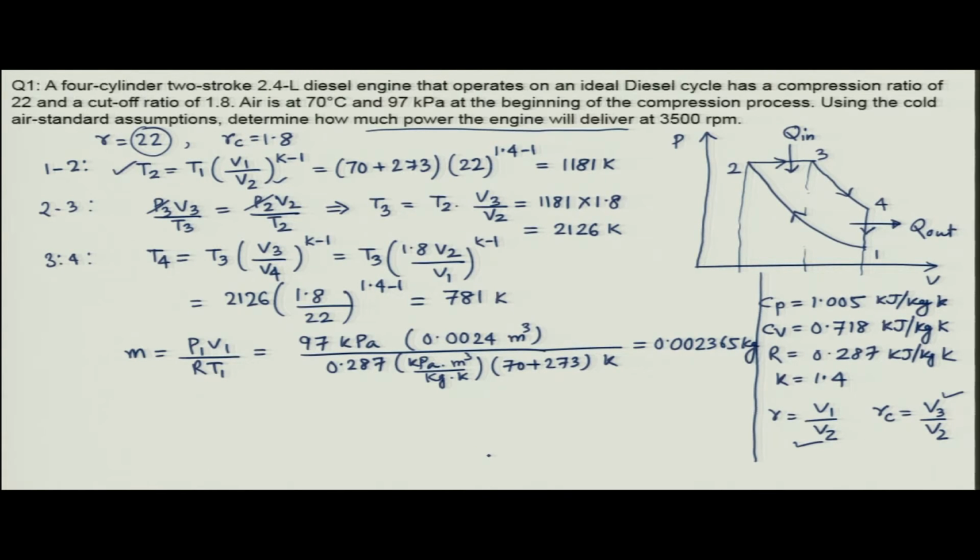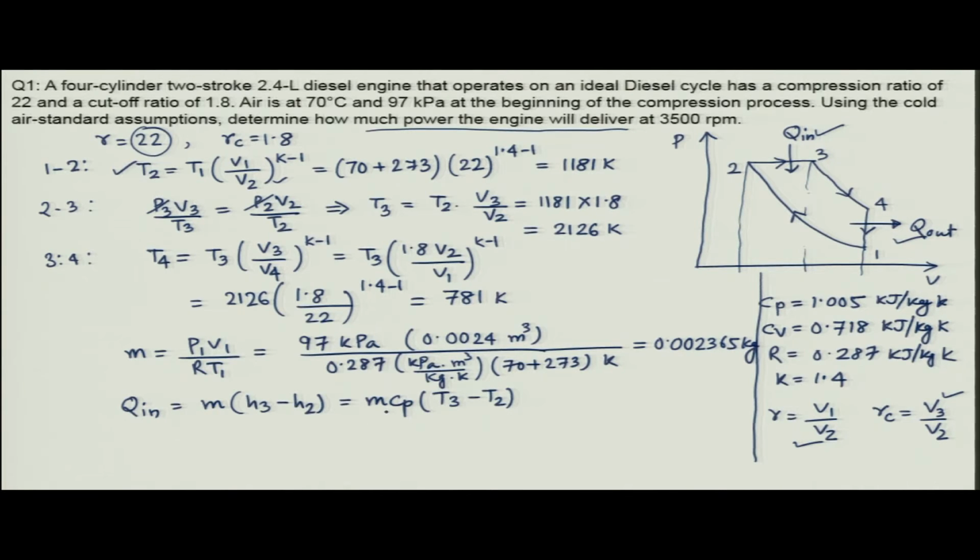For this we need to find the net work output. Net work output can be obtained if I find the Q in, that is the heat that is transferred during this constant pressure process, and Q out. So, Q in is nothing but M times H3 minus H2, which I can write as M times Cp times T3 minus T2.